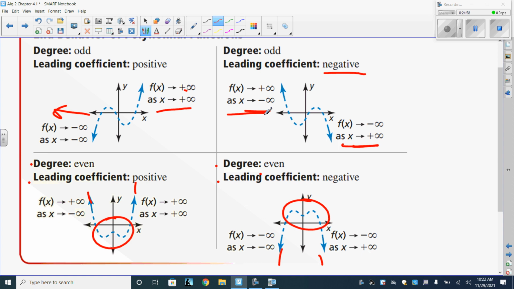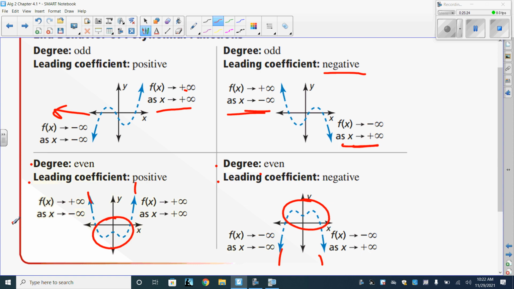Now for our even degree functions, they're going to go in the same direction both times. So f of x approaches positive infinity as x approaches positive infinity. And f of x approaches positive infinity as x approaches negative infinity. Because if it is even and positive, we're going up. It's going to open up.